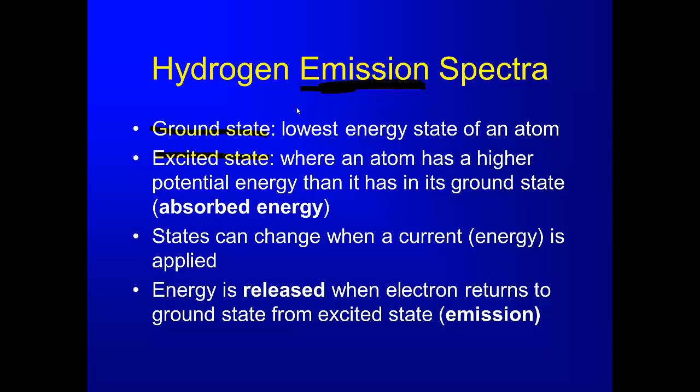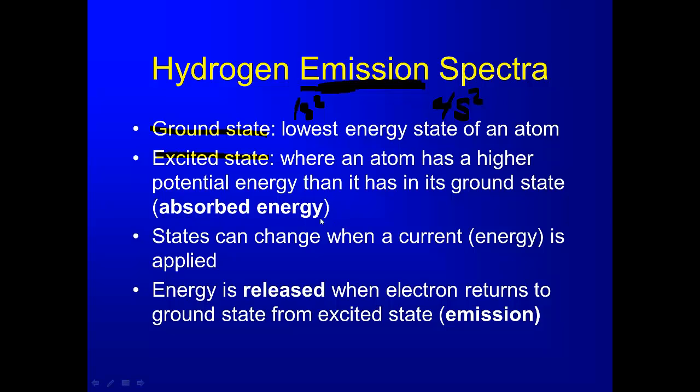So if I have an electron in helium that normally is in 1s2, it goes up to an excited state, which could be if one of those electrons jumped up to the 4s orbital. Now that's not going to stay there very long, but it can do that.